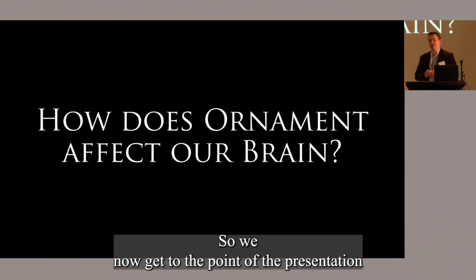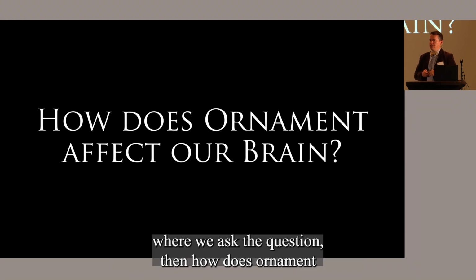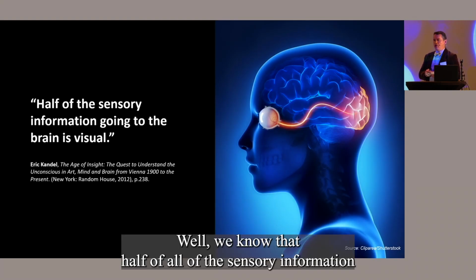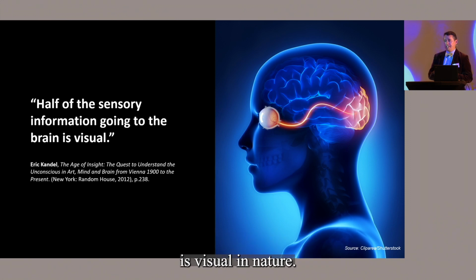So we now get to the point of the presentation where we ask the question then, how does ornament affect our brains? Well, we know that half of all of the sensory information that we're processing going to the brain is visual in nature.